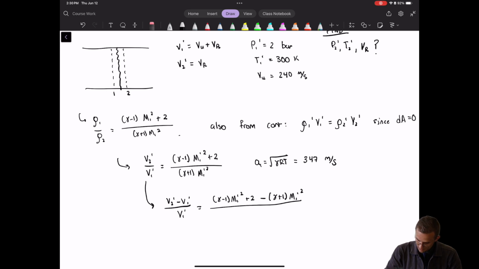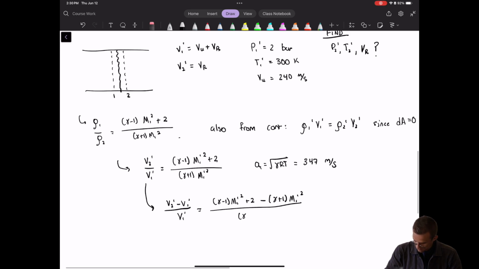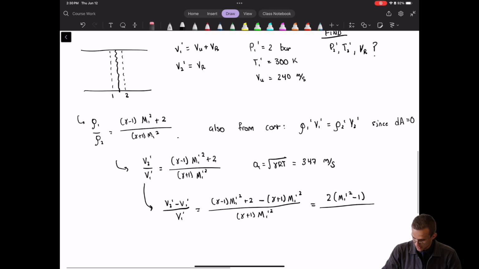Once you simplify, this gives you 2 times the quantity M1 prime squared minus 1 divided by the quantity gamma plus 1 times M1 prime squared.